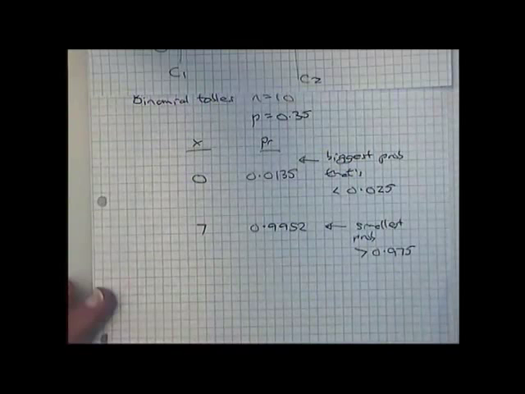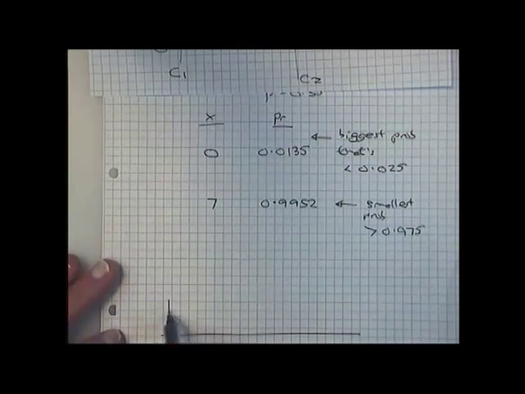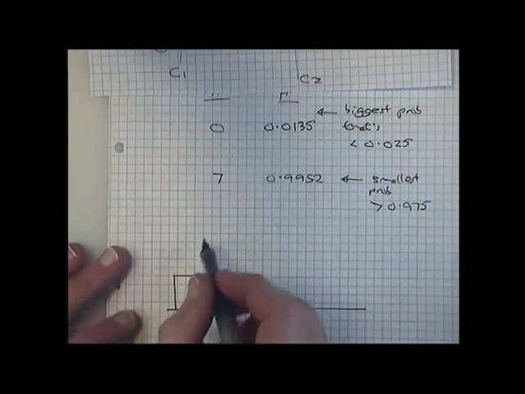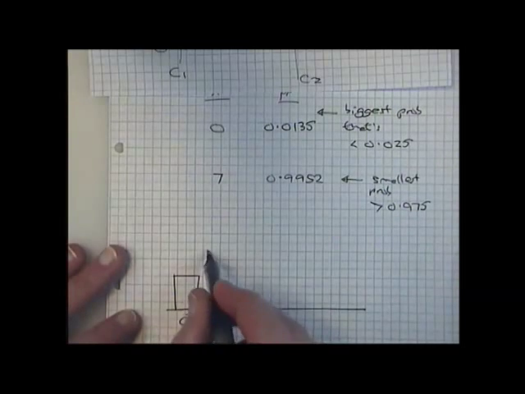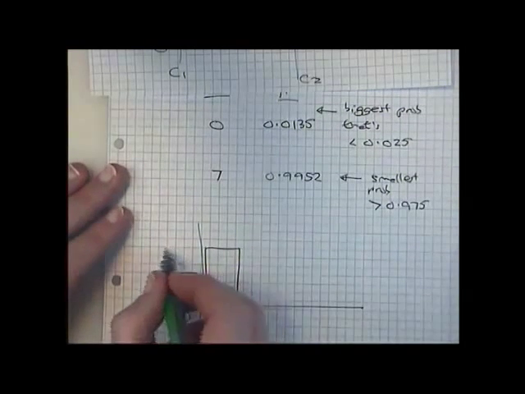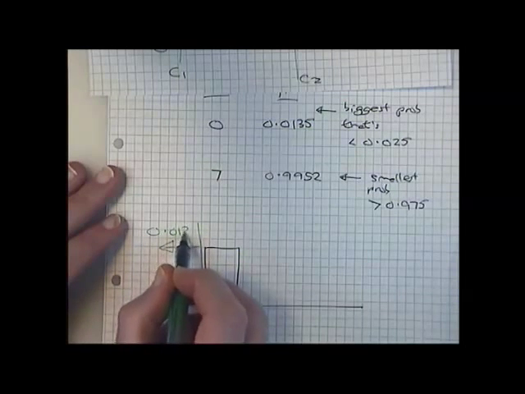So, I'm going to do a little sketch here again of the sort of graph. I know that the 0 bar, I'm going to put a 1 bar in here as well. If I put a line to the left of the 0 bar, I know that that is 0.0135.